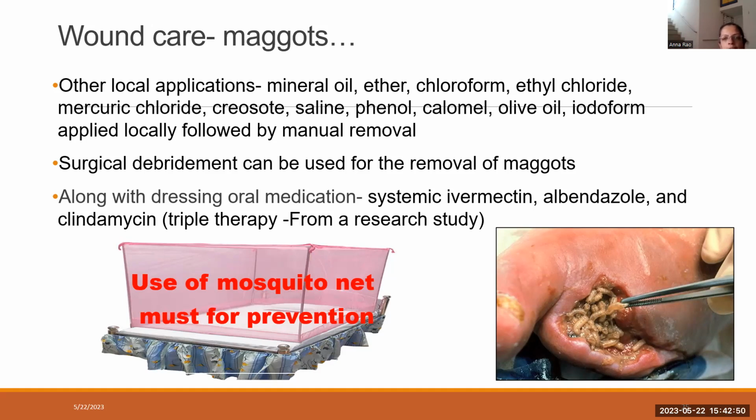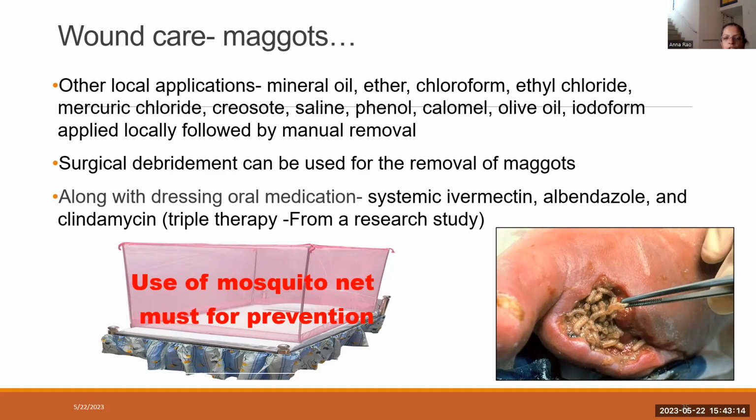Surgical debridement can also help. Another thing that should be reminded is that the patient must sleep in a mosquito net as far as possible so that flies don't come and sit on his wound.